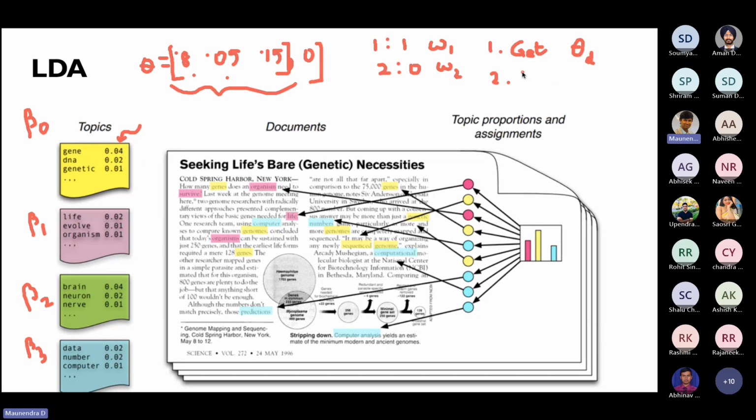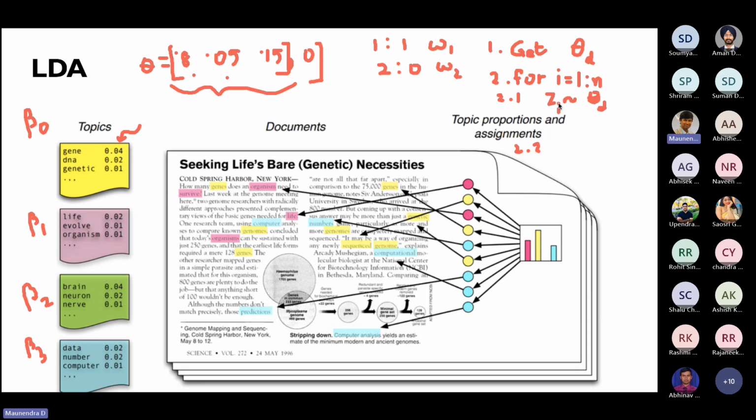Now suppose our document has n words. So for i equal to 1 to n, firstly I'll select a topic, let me call it Zi, from theta d. And then in step 2.2, we'll generate a word.